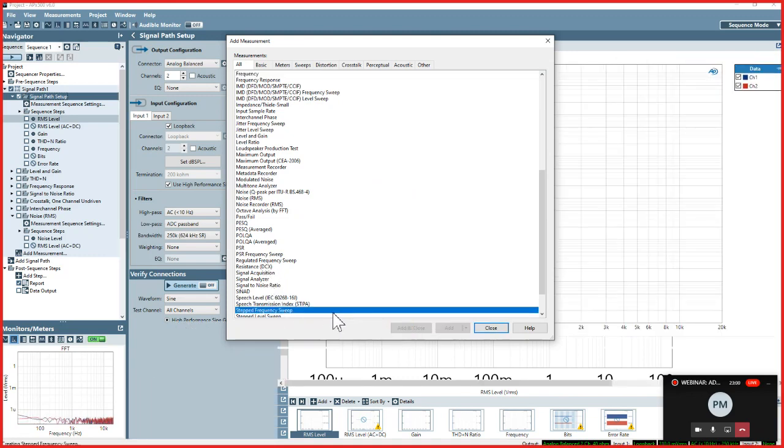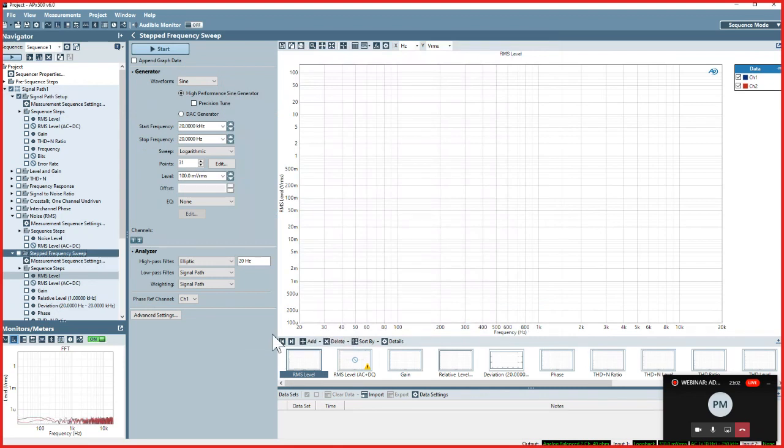So what I'll just do now is sweep, again, the analyzer itself, say, from 200 kilohertz to 20 hertz.